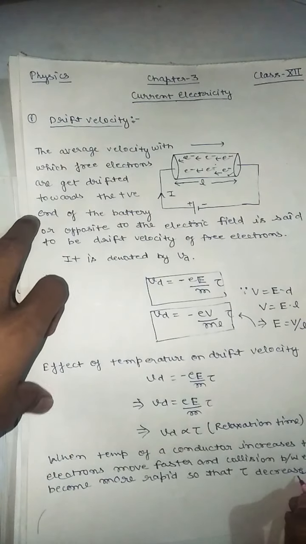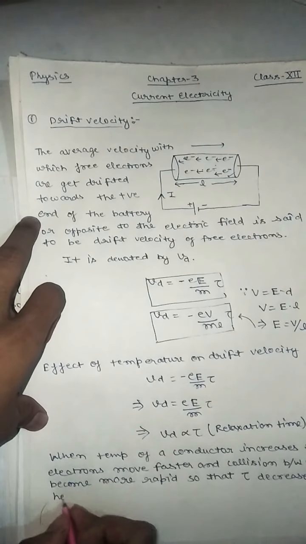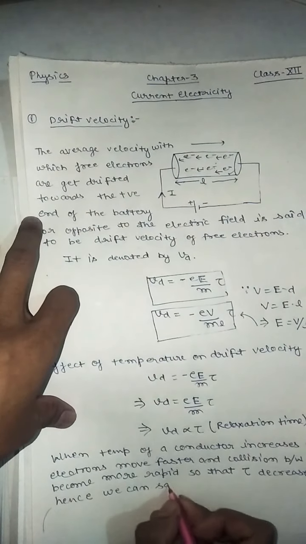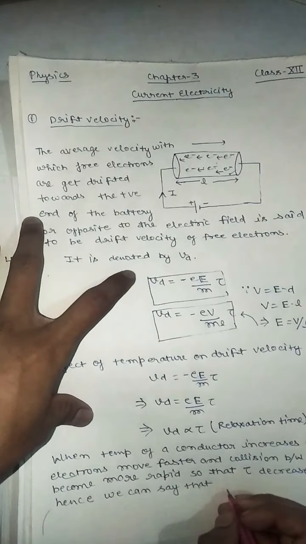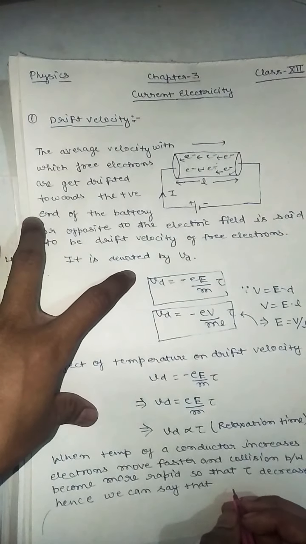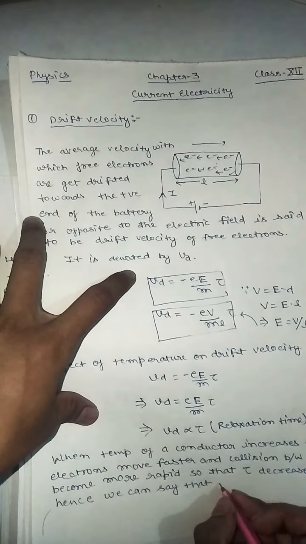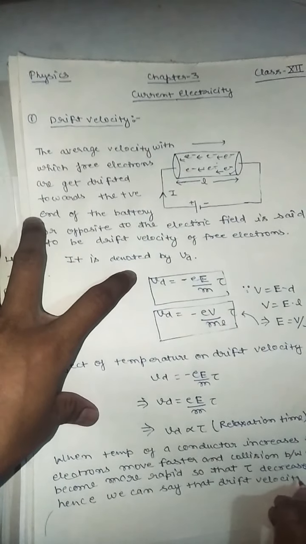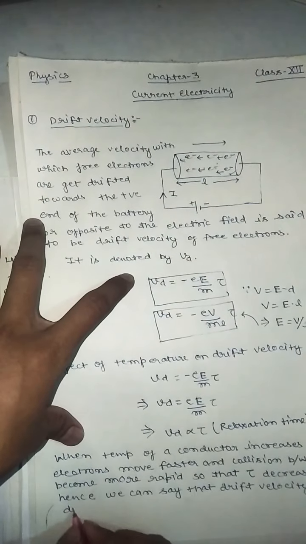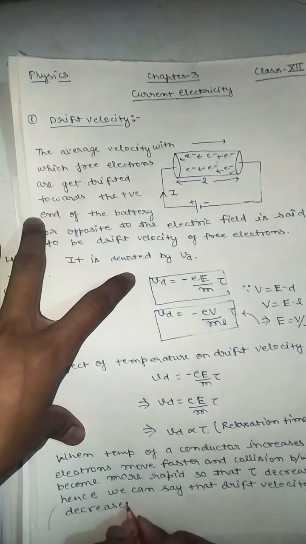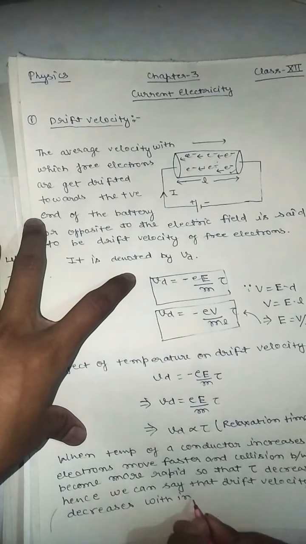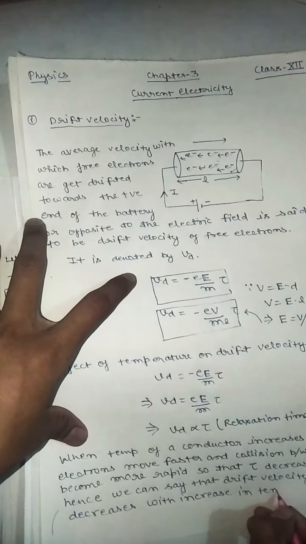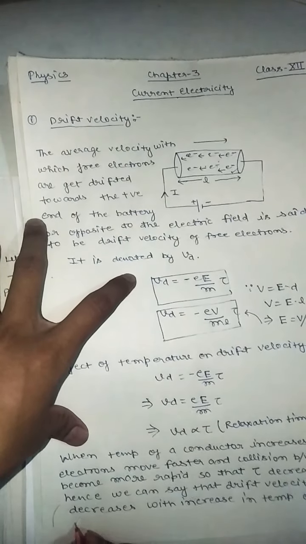Hence we can say that with the increase in temperature of a conductor, drift velocity also decreases.